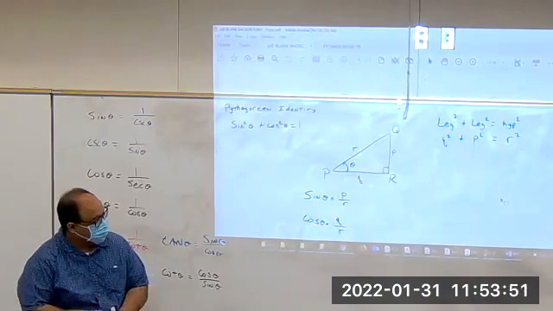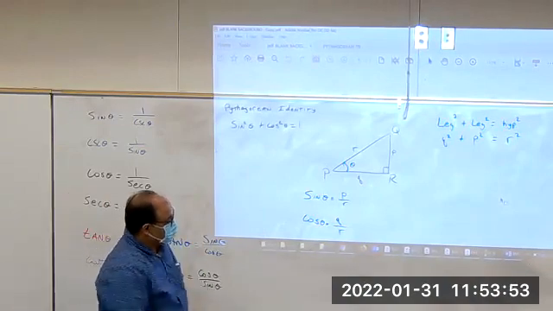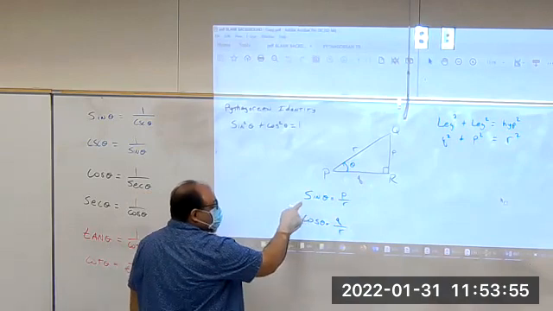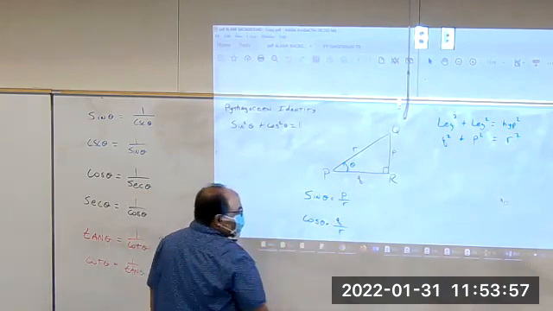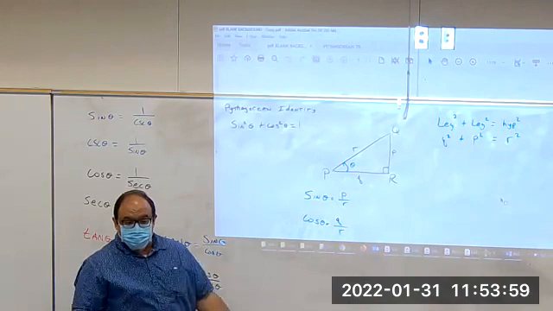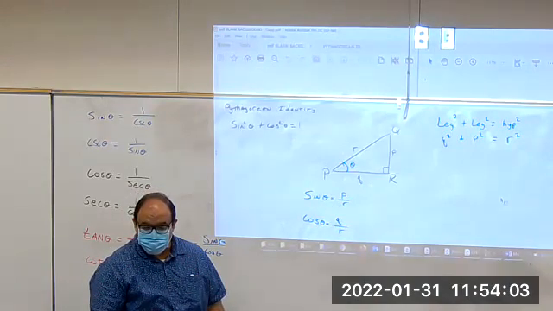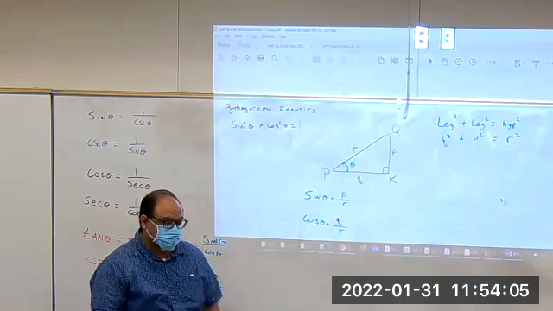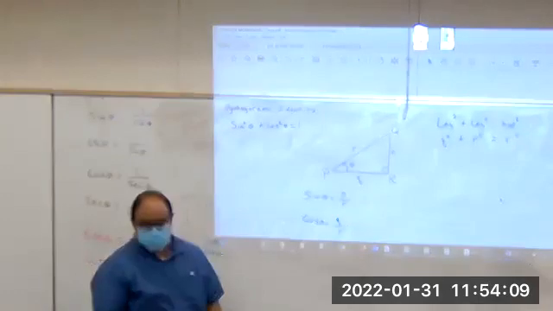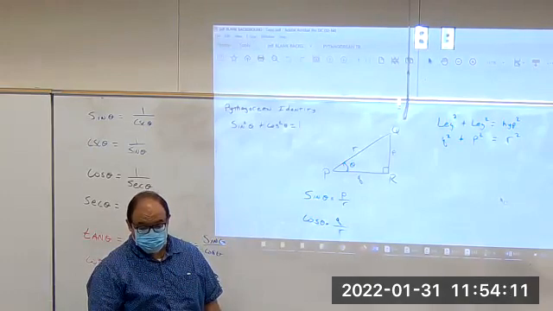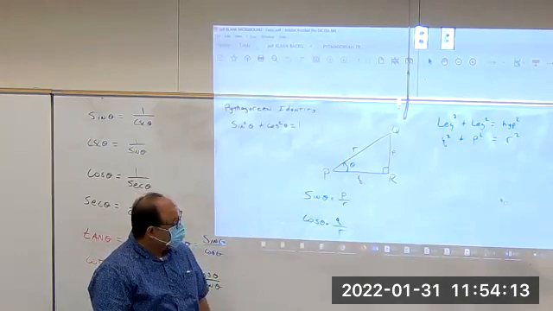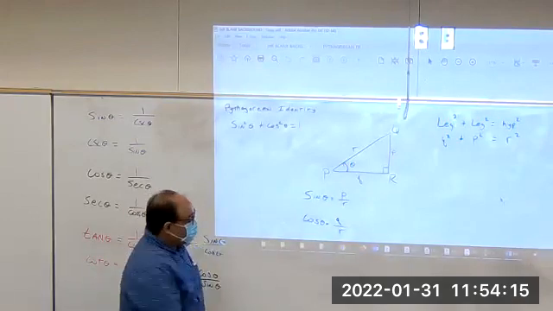Now, we just got done saying that the sine of theta was equal to p over r. So what does p equal? How do I solve for p?